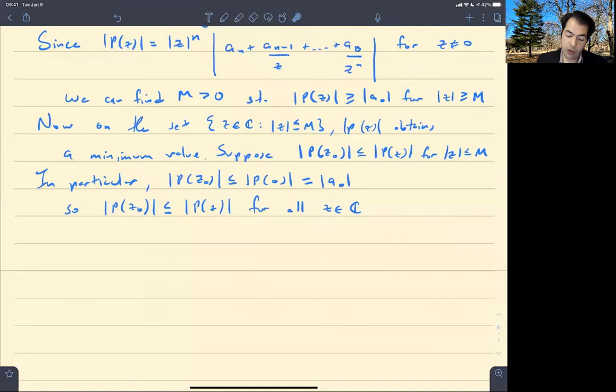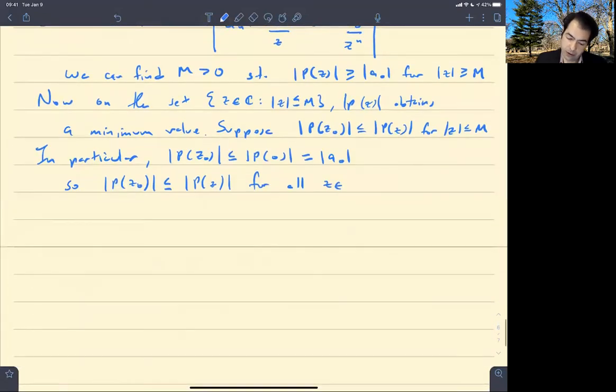So this minimum, whatever it is, is a global minimum. Right? We know that because it is the minimum for these values by construction, and its value is small enough that it's smaller than all of the values that the modulus of p of z can obtain for z large. Okay, so that finishes the first step for all c and d complex. That finishes the first step.